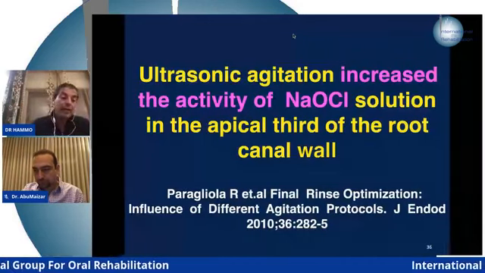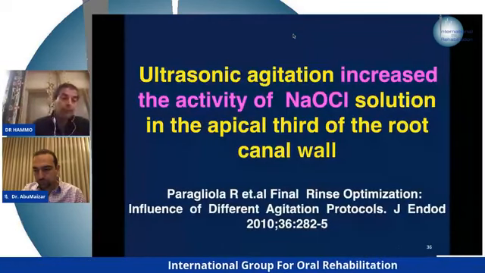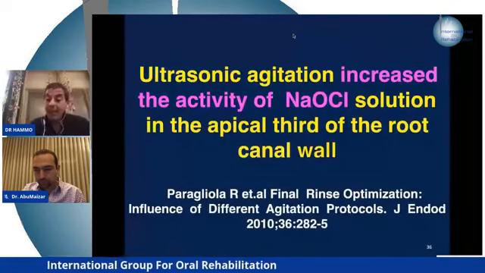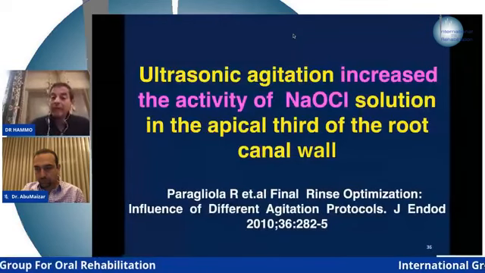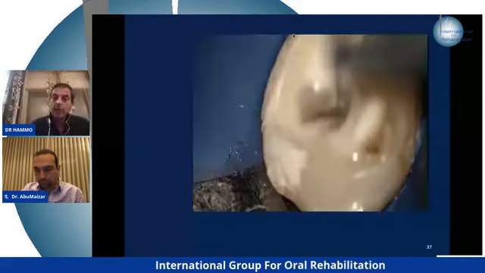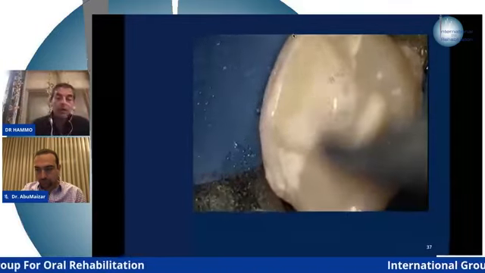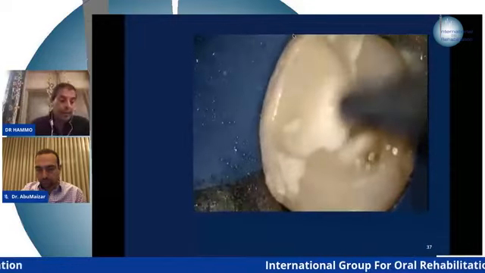Then we have to activate it for 60 seconds for each canal, like this here. We just activate inside the canal for 1 minute in each canal.